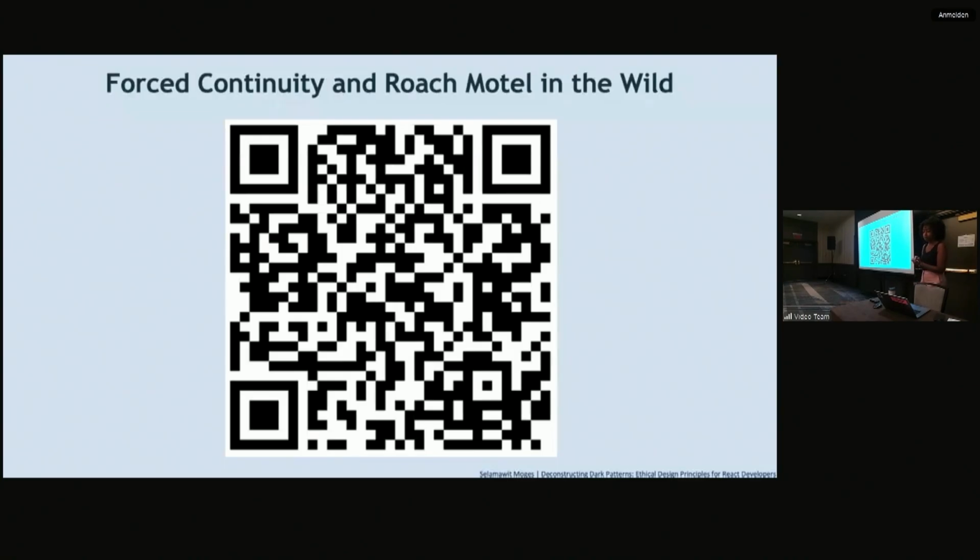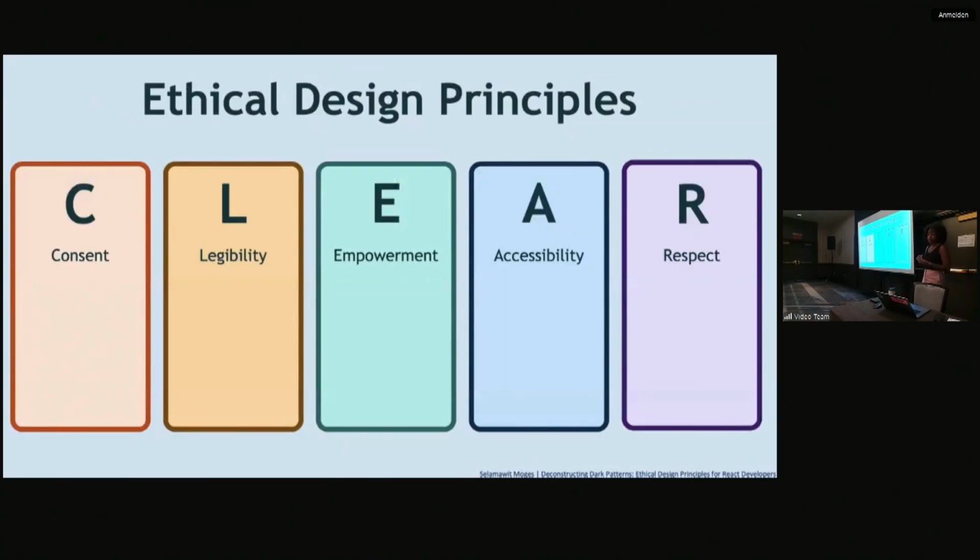Okay, awesome. So we've seen how design can trap users through confusing flows, delayed friction, and hidden consequences. But what would it look like to build the opposite? So here we'll be using the CLEAR framework that I kind of put together to describe how we should be building our products.